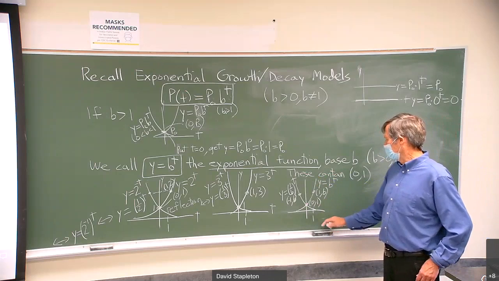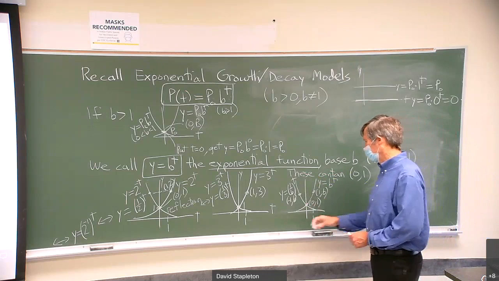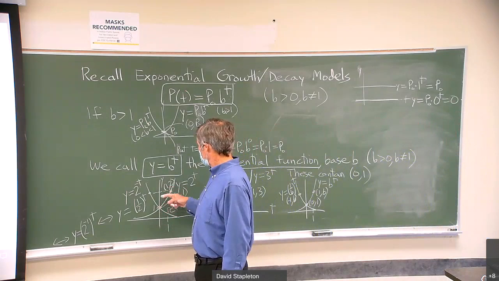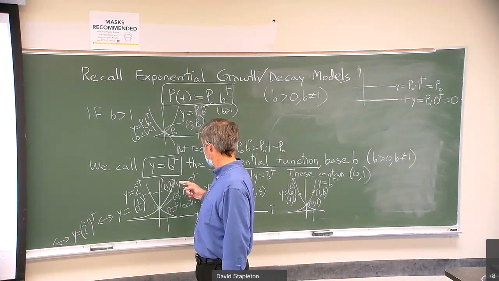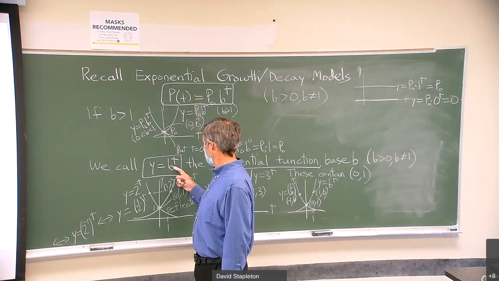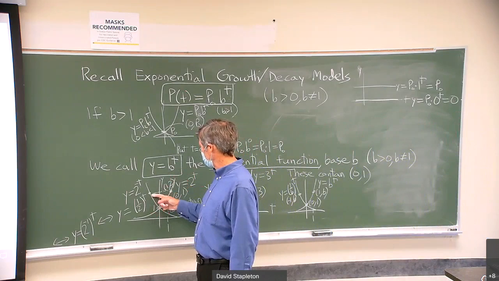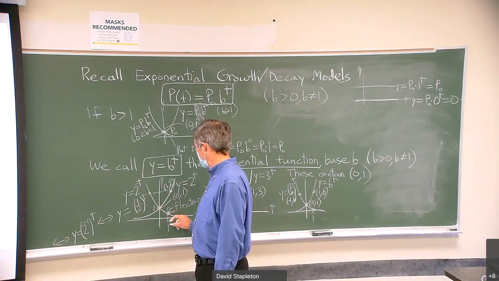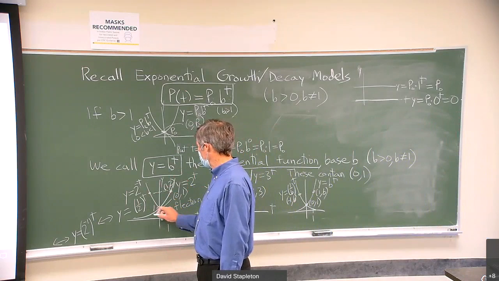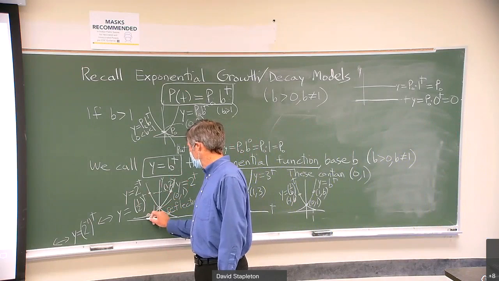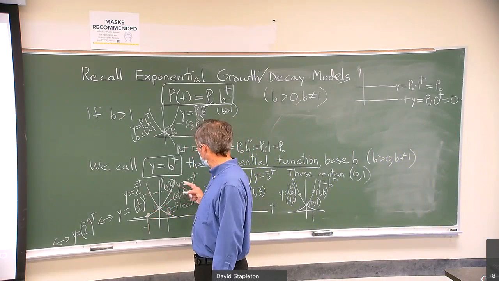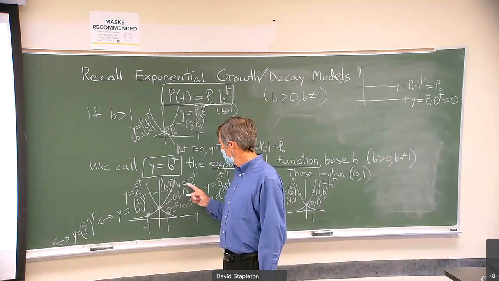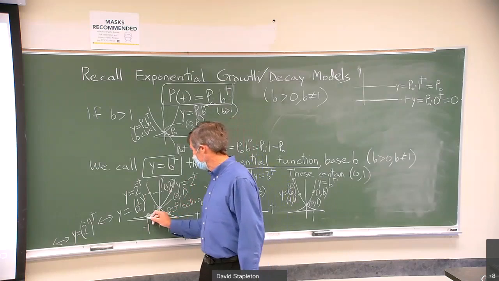All right, and then here I should point out that on one of these, like 1/2 to the t, I can also get this point here. Well, actually, let's do this one here. What happens at -1 if I take y equals 2 to the t and put in -1? 2 to the -1 is 1/2, right?